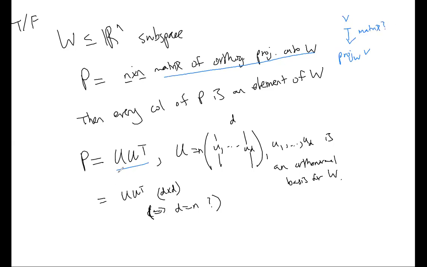Well, it's given by U U transpose, because we just said that this matrix projects onto the column space of U. So if we make U have column space equal to W, then this will project onto W.